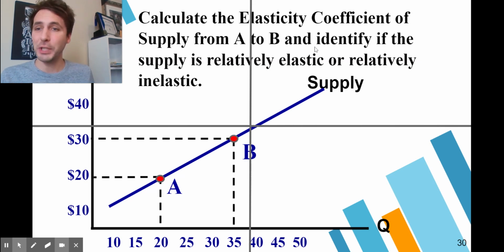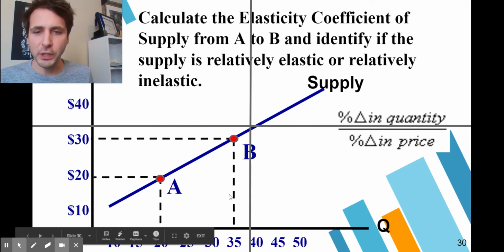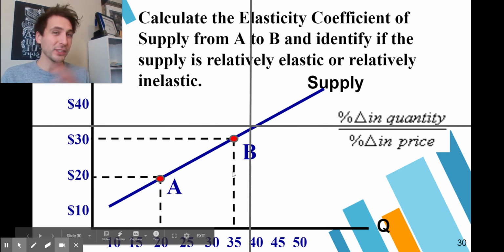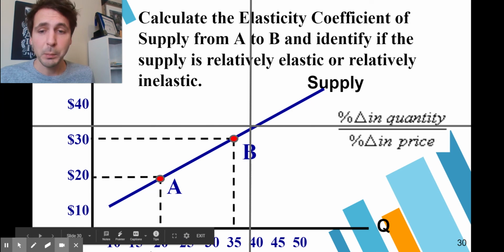Okay, did you get it? Well, here's what you got to remember. Your coefficient equation is percent change in quantity over percent change in price. So how do I find my percent change in quantity? Well, we know percent change in anything is current minus previous divided by previous. So if I went from A to B and my current was 35, my previous was 20. So 35 minus 20, or 15, divided by my previous, 20.